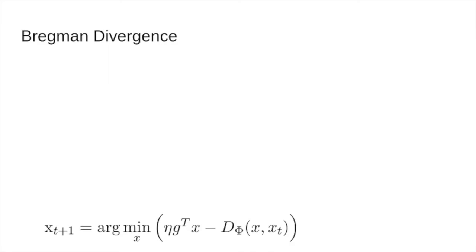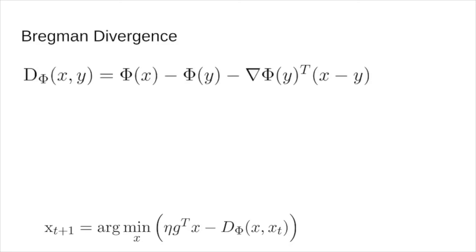norm. Okay, so I kept the update rule at the bottom so we can remember why we care about this stuff. The Bregman divergence is that D thing, and it is our measure for how different the new point is. This is the formula for it. The first two terms are the difference between our mirror map function phi, evaluated at x versus y. And then the third term is the linearized estimate of the difference between those two points.